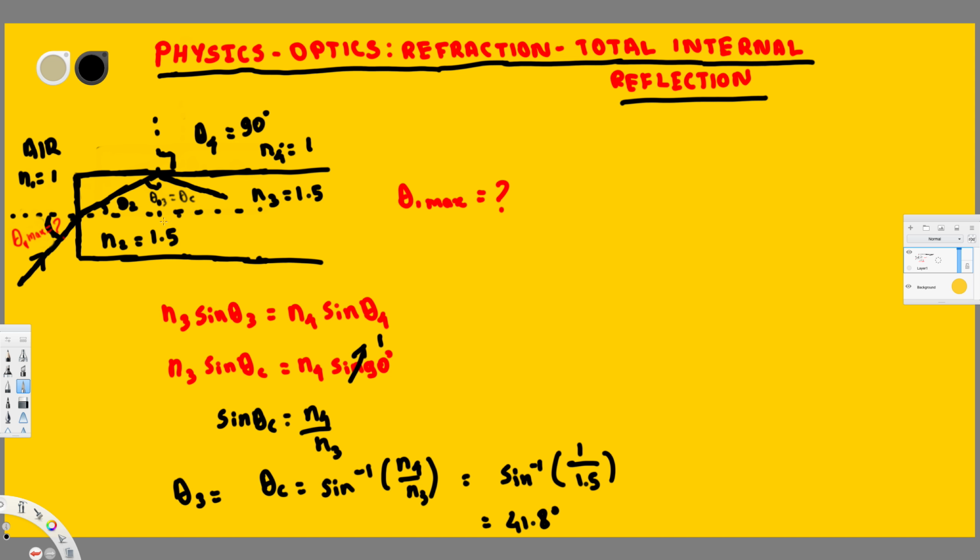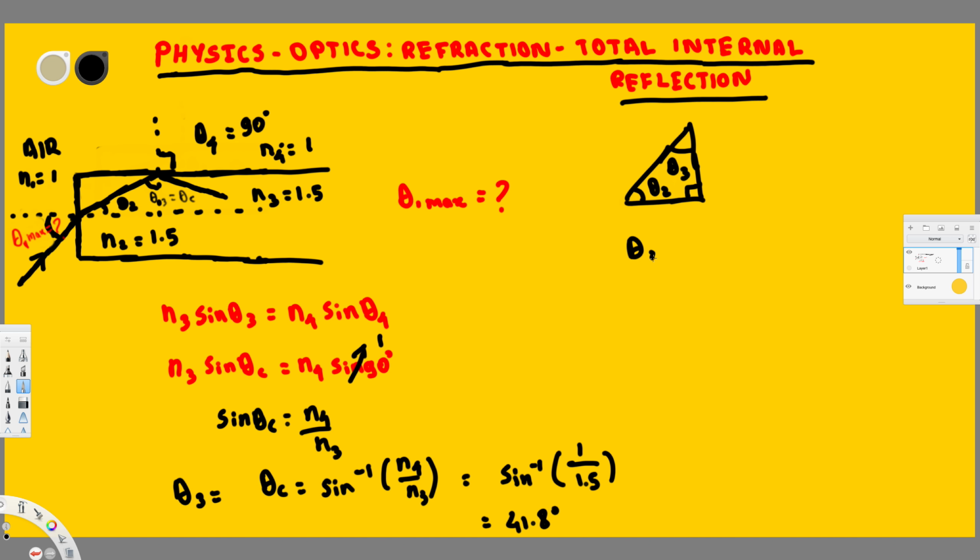Now let's see what this angle is if this is 41.8 degrees. To find that out, since this is a right angle triangle, it's easy to find. Let's take this part alone. Maybe I draw this one a little bigger. Okay, so here we have theta 3, that's what we found out, and we are trying to find theta 2, and this one is 90 degrees.